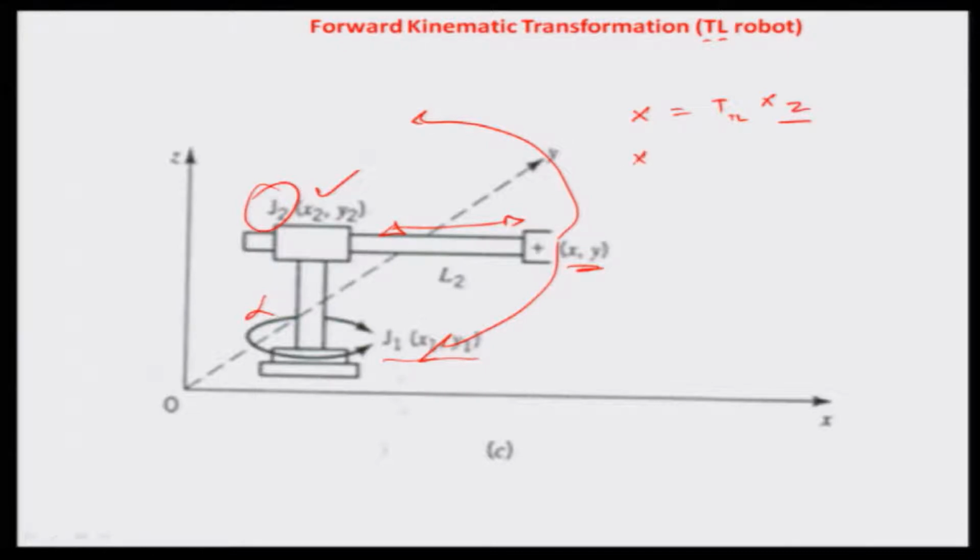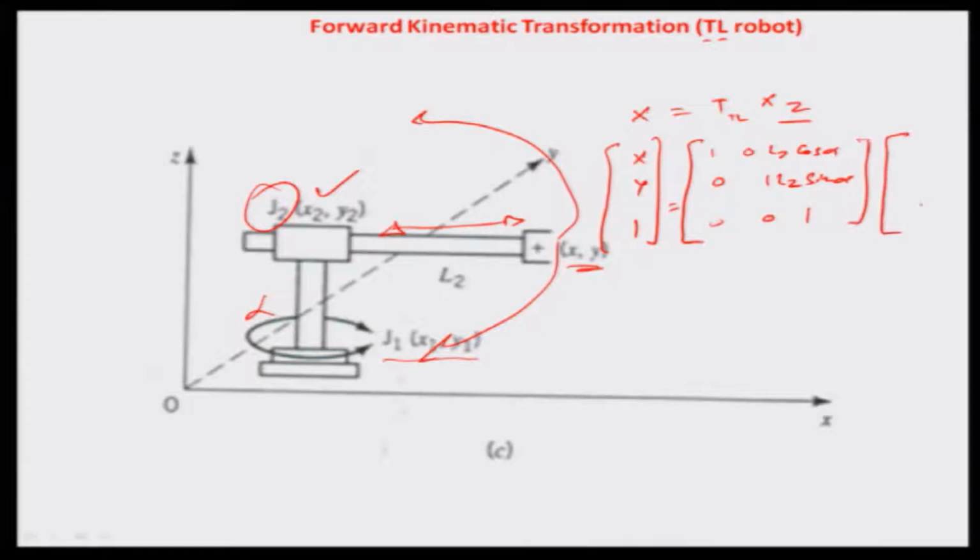So, I can write the transformation as [x y 1] equal to the transformation matrix, which in this case is [1 0 L2 cos alpha; 0 1 L2 sin alpha; 0 0 1] times [x2 y2 1].